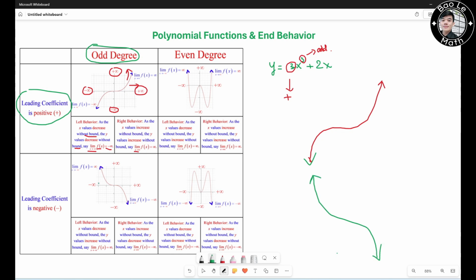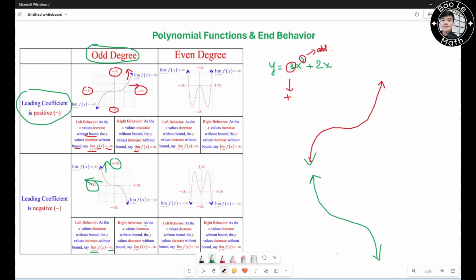Left behavior: when s approaches negative infinity, the function keeps going up. So s approaches negative infinity, but the function approaches positive infinity. You need to say as the s values decrease without bound, the y value increases without bound. The limit of the function f of s as s approaches negative infinity is positive infinity.